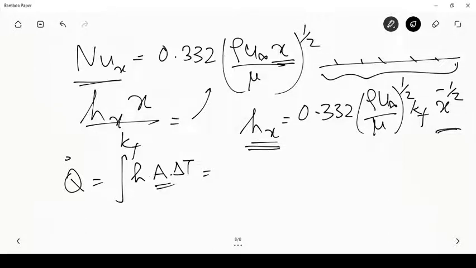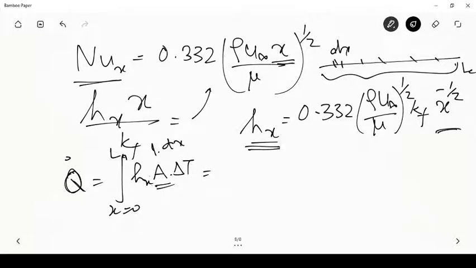The area is, if I take an infinitesimal distance dx here with a unit depth perpendicular to the plane of the board, then this dA is 1 into dx. Okay, and if I integrate that, this is h at x from x equal to 0 to Lc, where Lc is the length of the plate, then this is overall q dot. This is the total heat transfer from the plate.